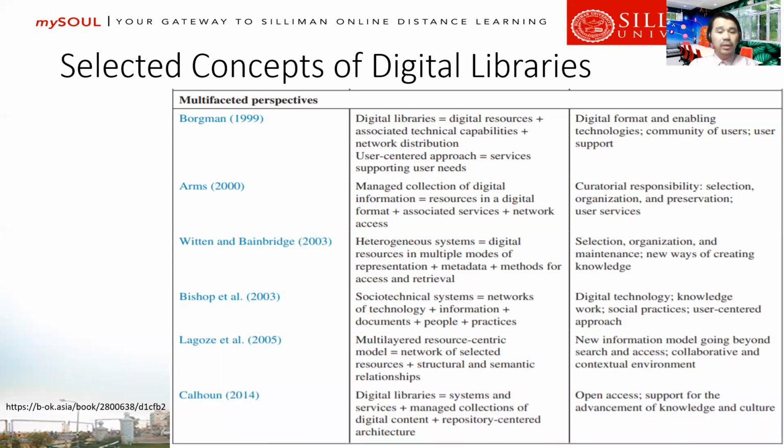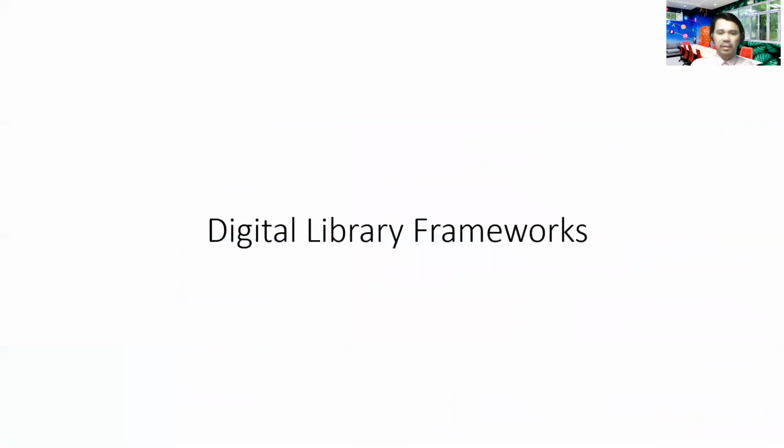In 2014 there is also an emphasis on open access. This is the time when we can download and get information freely, because they support the advancement of knowledge and culture. So digital libraries here are systems and services, plus managed collections, repositories, and a more repository-centered architecture.